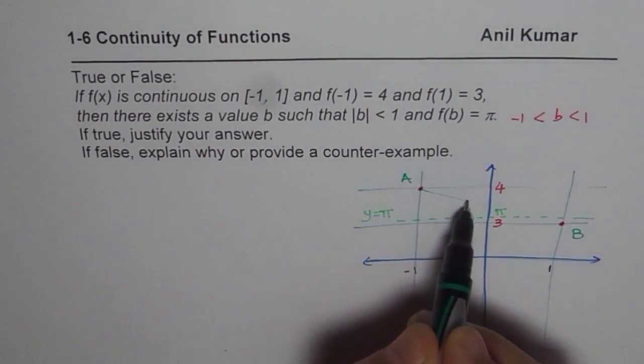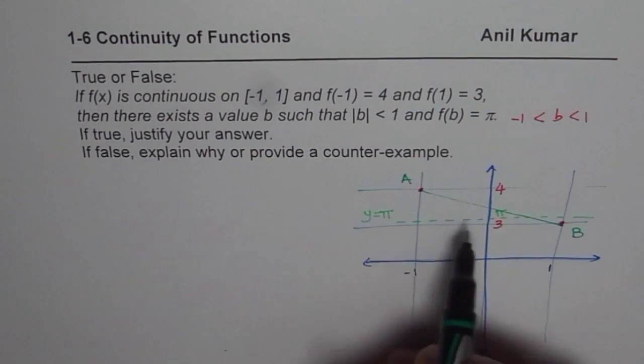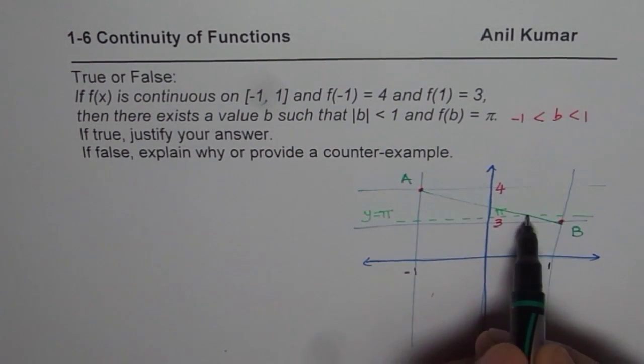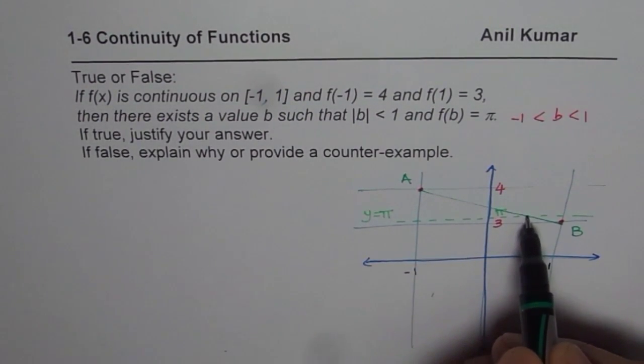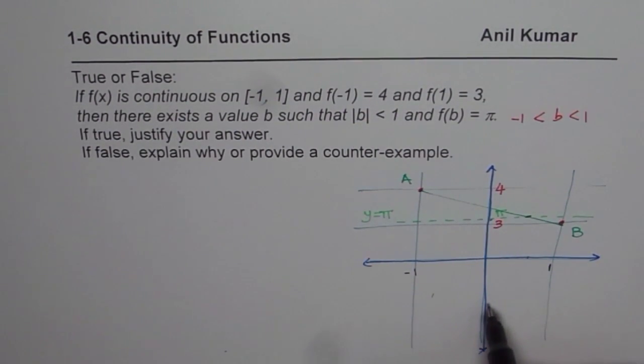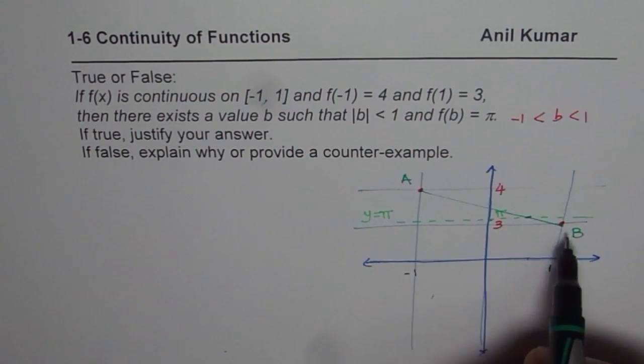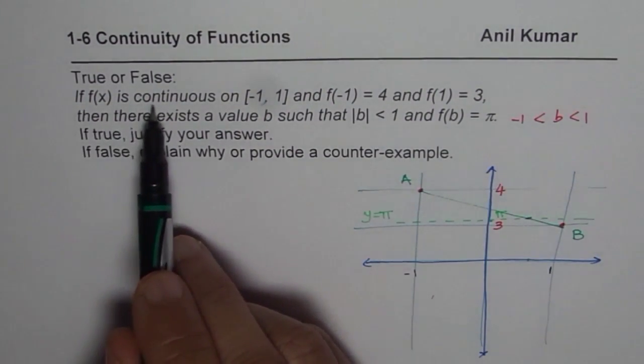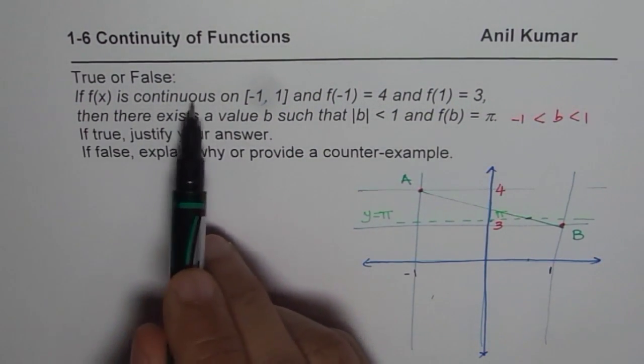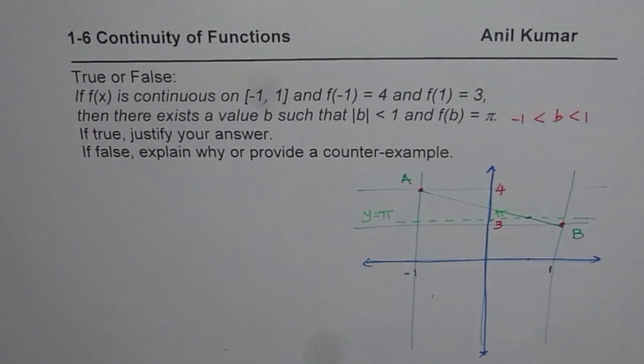If I go like this, I'm going through a point whose y value is pi, and that could be your answer. Now this connection of the function, we are not saying it is linear, we are saying it is continuous. So it's important to understand that part.